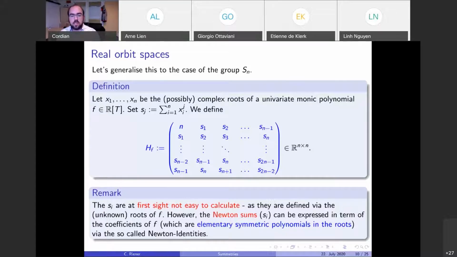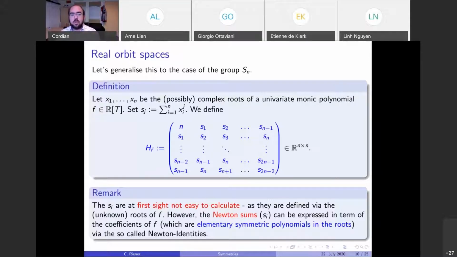This is one of the first things that you might have seen with symmetric polynomials in an algebra class: these Newton sums Sj can be expressed via the so-called Newton identities in terms of elementary symmetric polynomials.